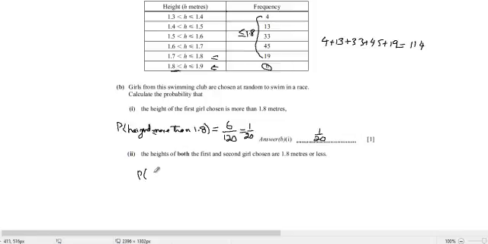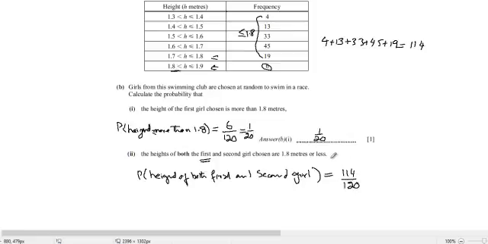So probability of getting height of both first and second girl is equal to, for the first girl, 114 divided by 120.